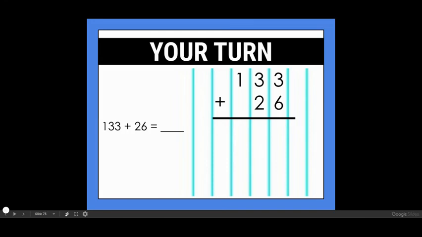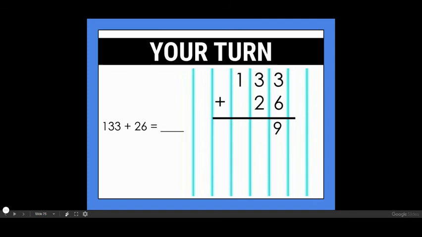This time I want you to try it. I'm not going to highlight which numbers to add this time. See if you'll know. So start by adding your ones. All right, did you get 9 ones?